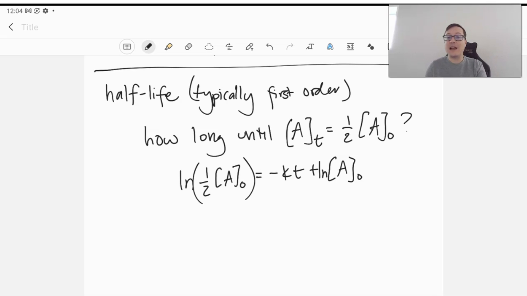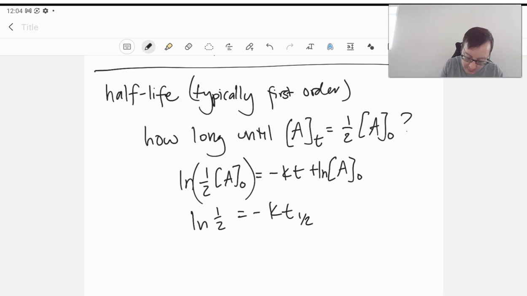And so we ask ourselves, how long will it take, what's our half-life, for our concentration to be half of our original concentration? We might plug that into our formula for first-order kinetics. If we do so, we get that ln of 1/2 is equal to negative k times your half-life, t1/2. t1/2 is your half-life, again, that specific amount of time for half of your substance to decay.